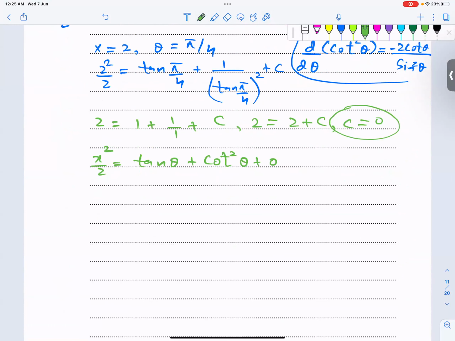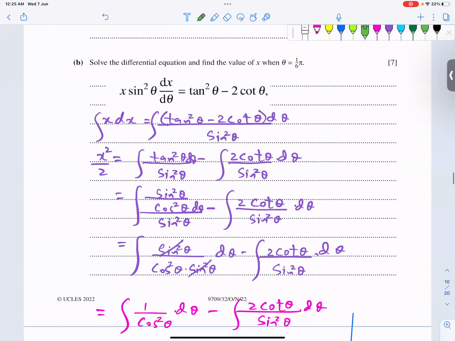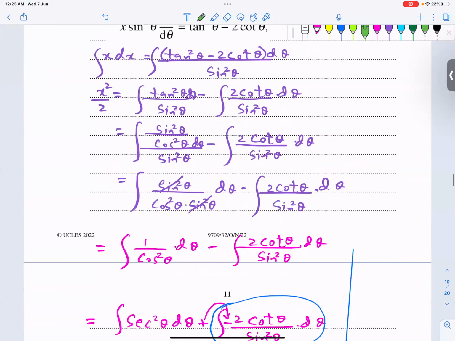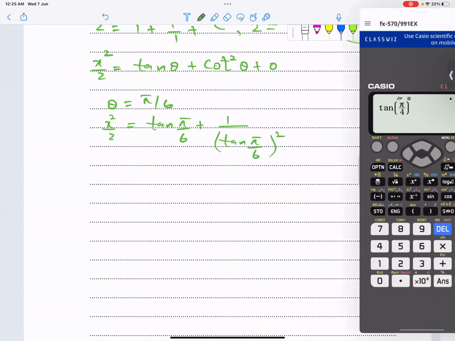Now put theta is equal to pi by 6 to get the value of x. So x square over 2 is equal to tangent of pi by 6 plus 1 over, since cotangent is actually 1 over tan, 1 over tan pi by 6 square.